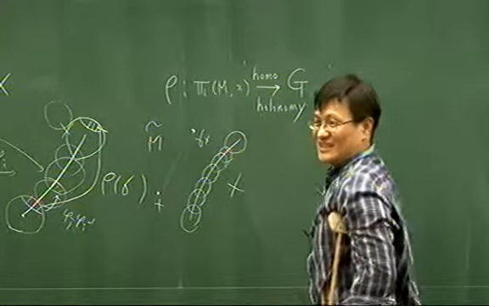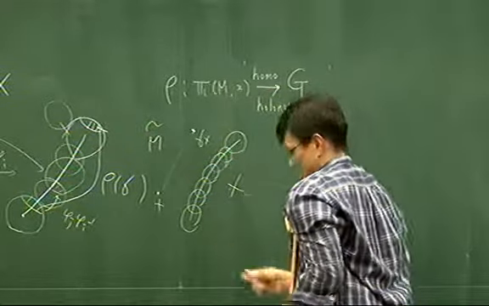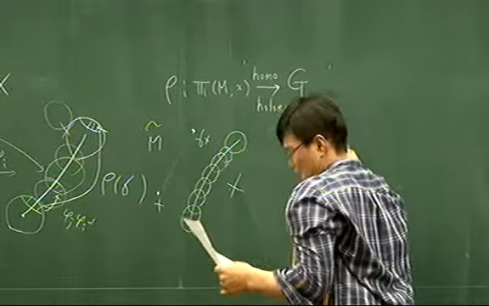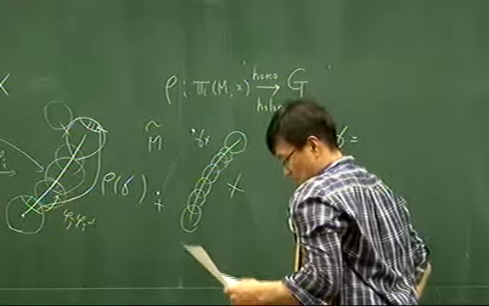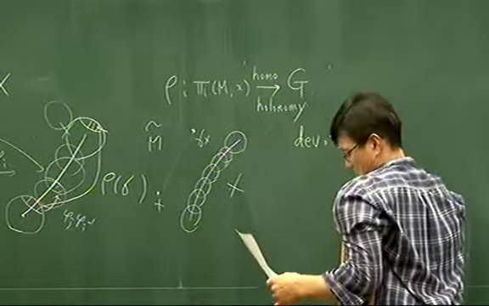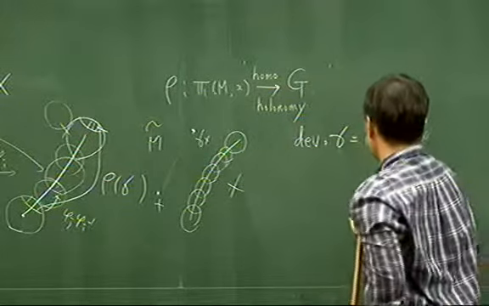Then you can easily verify that dev composed with gamma is rho of gamma composed with dev.